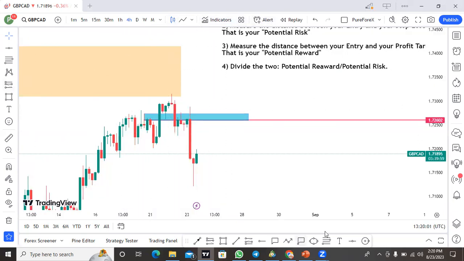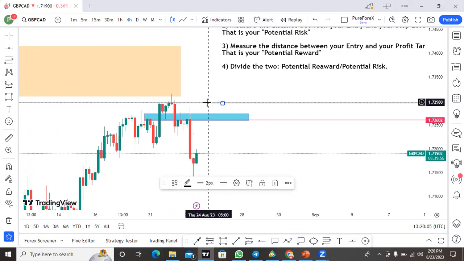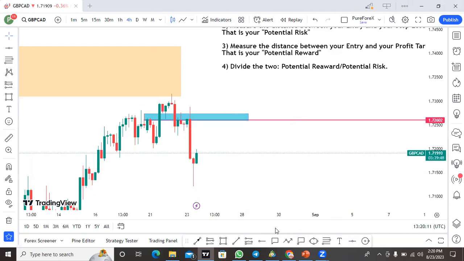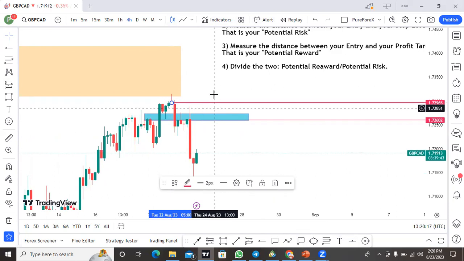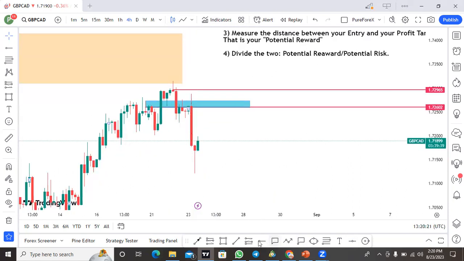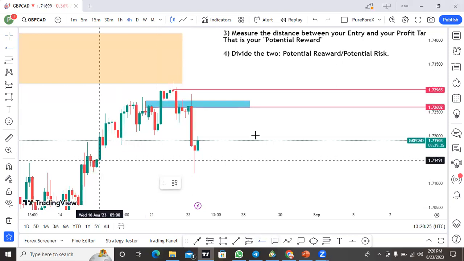Let's pick our line here, okay? Let's use this one. This is where I want to put my stop loss here. And this is where I want to put my take profit, right? This is my take profit somewhere here.